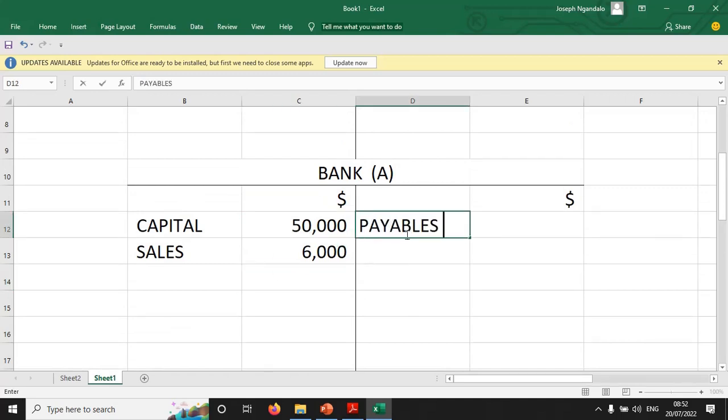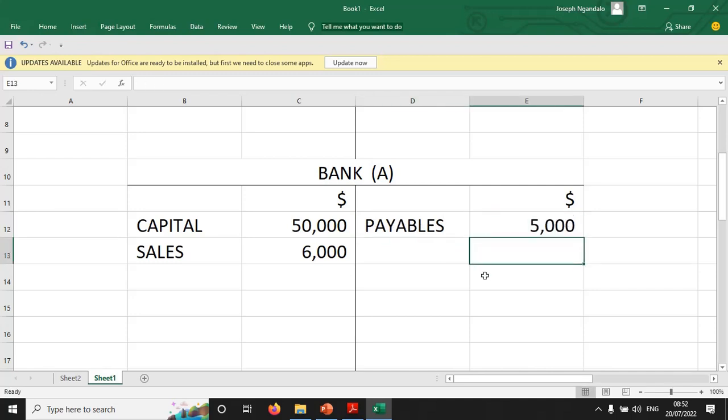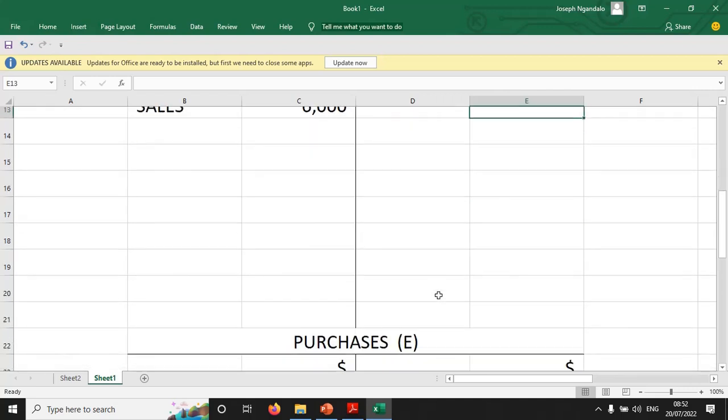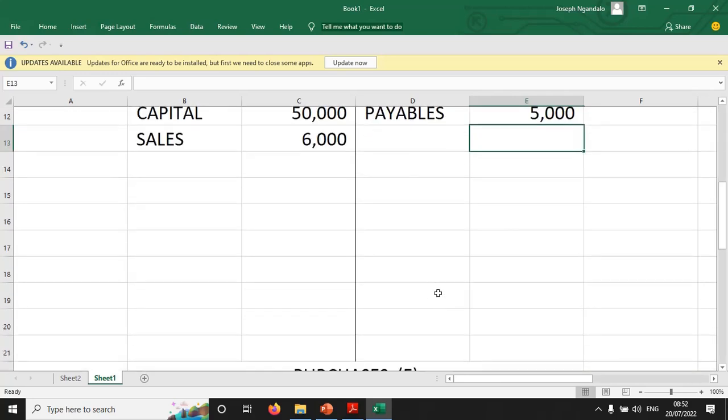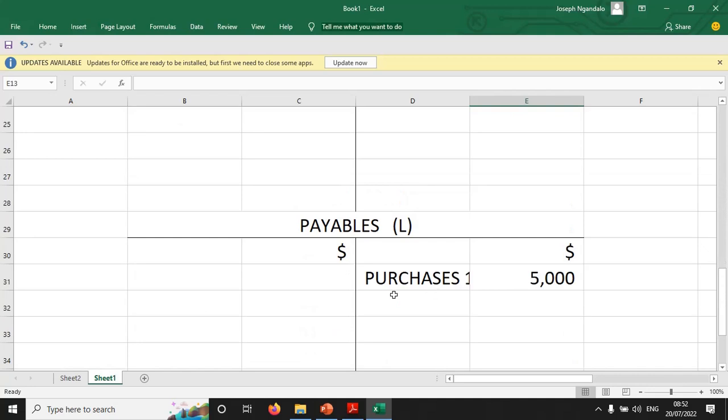Do you agree with me? And reduce bank. So 5,000 will be credited in the bank account. And then in the payables account, what happens? We debit, so we reverse, right? Do you agree? Yes. With the 5,000. Very important.